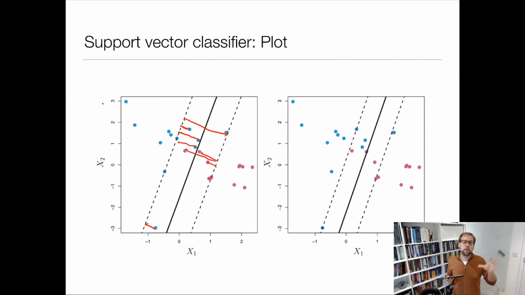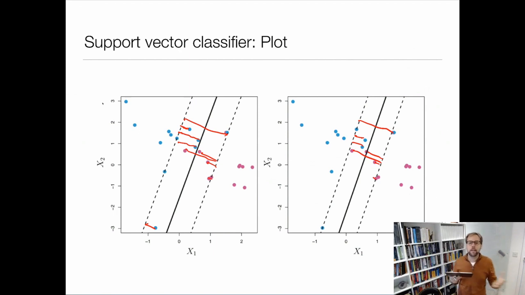Now if I reduce my budget, I would go to the plot on the right hand side, because by reducing the budget I'm forcing fewer violations. I'm making the margin narrower, and now I have violations which are a bit shorter, you see here. So the overall length of all the red lines is smaller than in the other plot, which means I did this by choosing a smaller b or a larger c correspondingly.